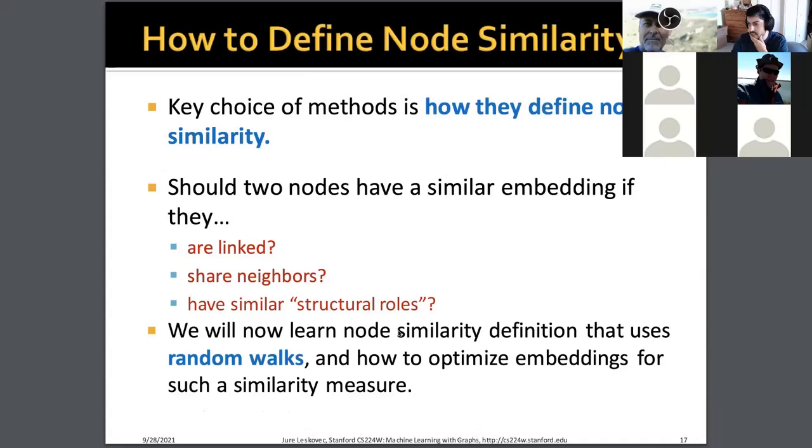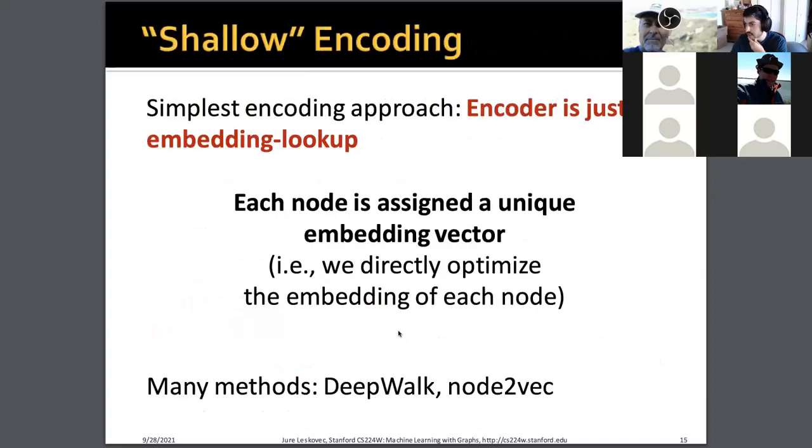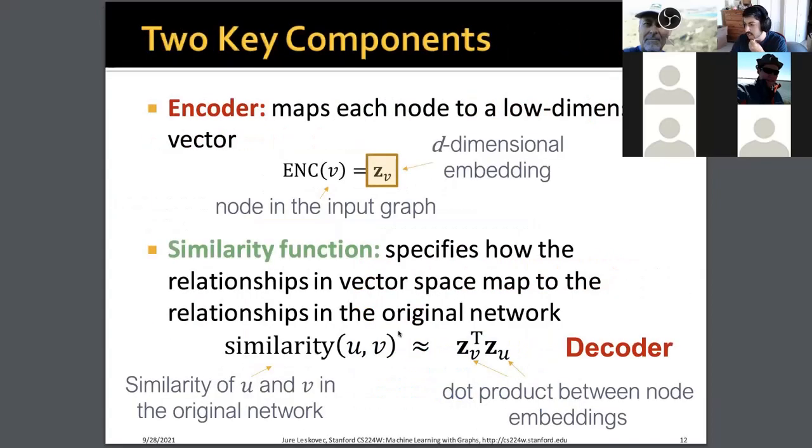Asking about decoding again. Sure. The decoding is not anything particularly fancy. It's basically saying we have these two vectors and we want to say if they're similar or not. We have the embedding for V, which is some node, and the embedding for U, which is some node.